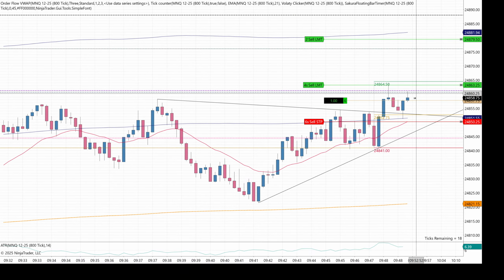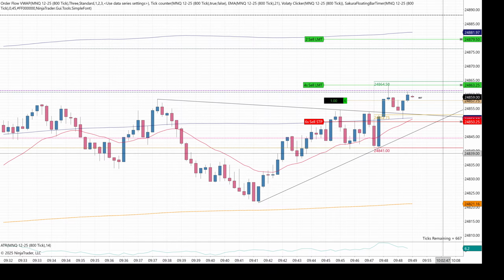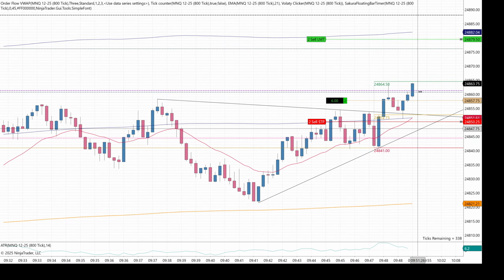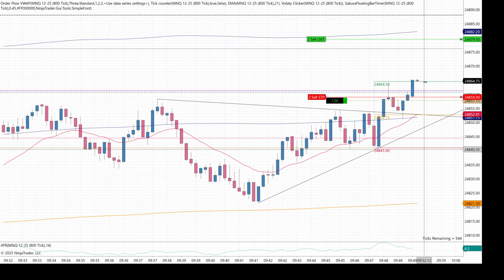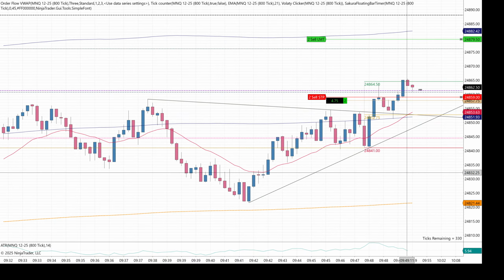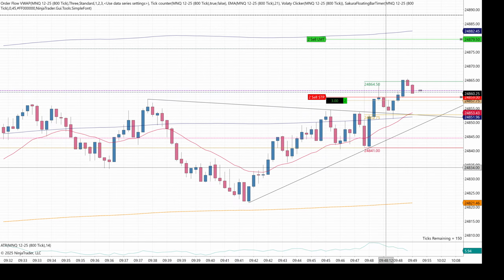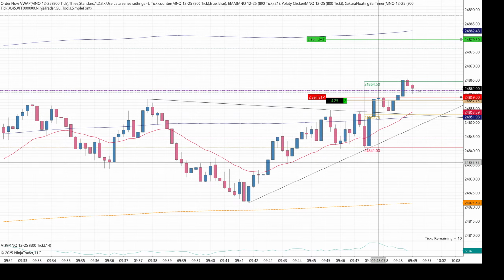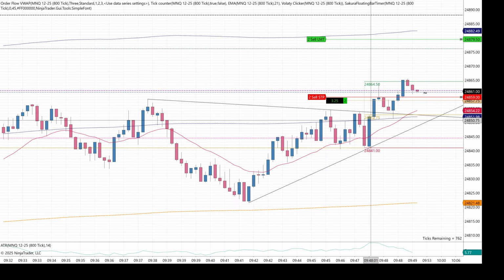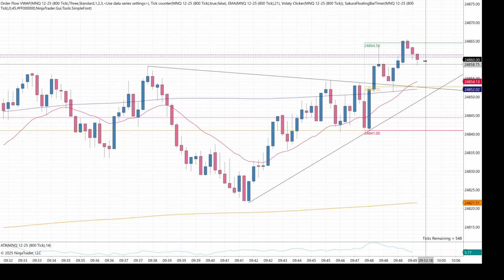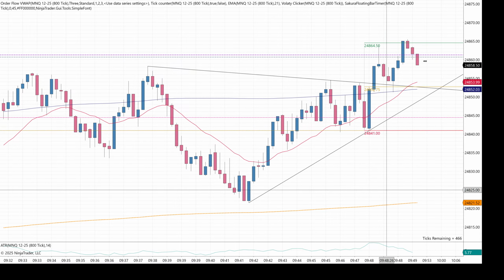And we have a runner up there. We did hit the initial target here off of this initial trigger candle, and my runner is out. So golden ruler moves up.